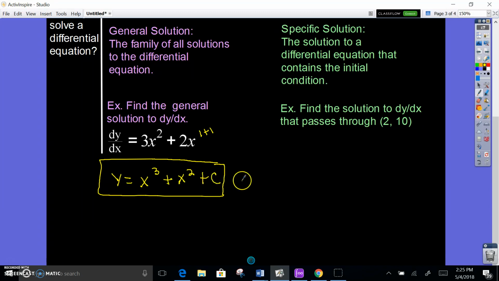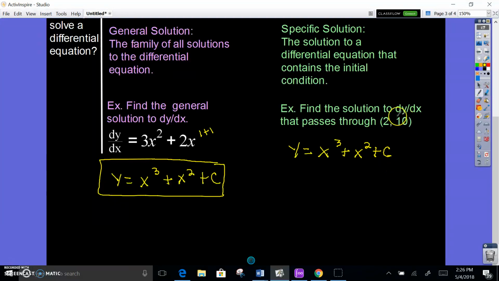If I'm asked to find a specific solution, they will give me a point they want that solution to go through. So the process is the same. I take the antiderivative. So here's my antiderivative, x cubed plus x squared plus c. Notice I still have a plus c.